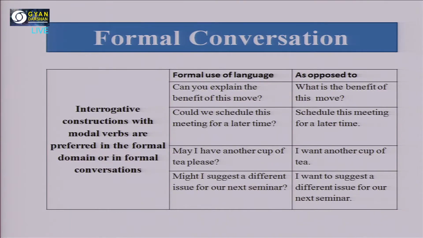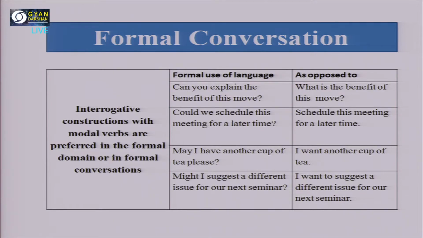Now, in formal conversation, there are also interrogative constructions with modal verbs which are preferred in the formal domain. Rather than saying "what is the benefit of this move," we would prefer saying, "can you explain the benefit of this move?"